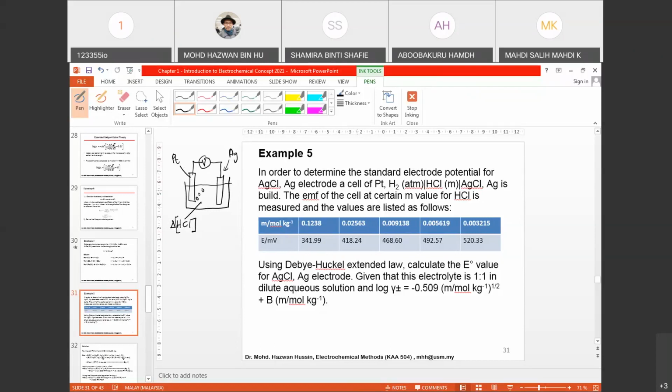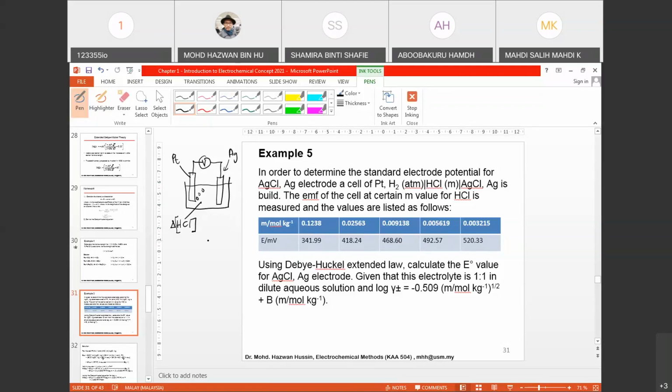Hydrogen gas will be produced, because you see in the cell notation you have H2 produced. This is actually the electrolyte. During the process, silver will be oxidized, and when oxidized silver reacts with Cl minus, it will form a silver chloride layer, or a product, on the surface of this electrode.